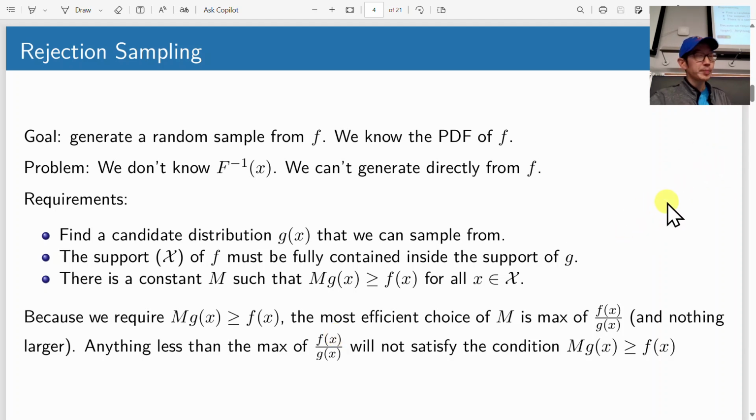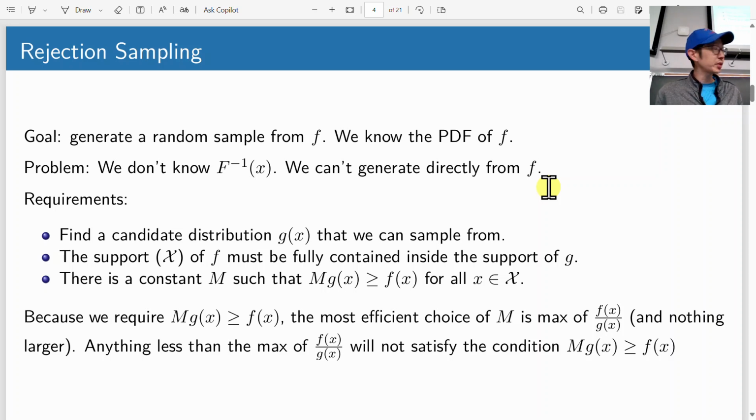The way the algorithm works is that we have some kind of PDF f, but we're not able to generate random values directly from f. And so the goal here is to get a sample of random values that look like they come from f.